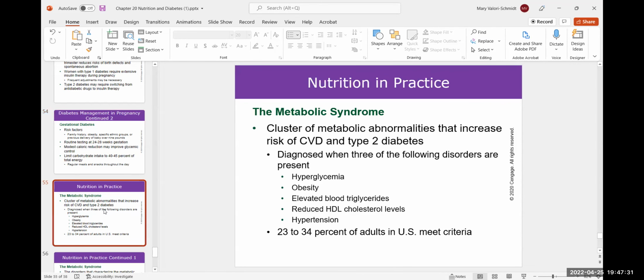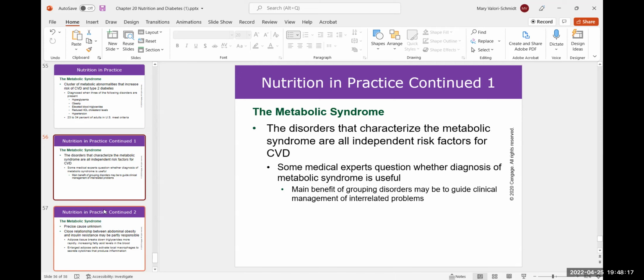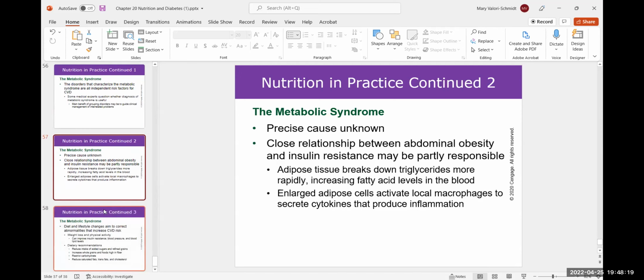So all these illnesses together, they're considered a syndrome, and each of them is a risk factor for cardiovascular disease, but together, that is really a higher risk, and it brings with it even the risk of death. It's very dangerous.